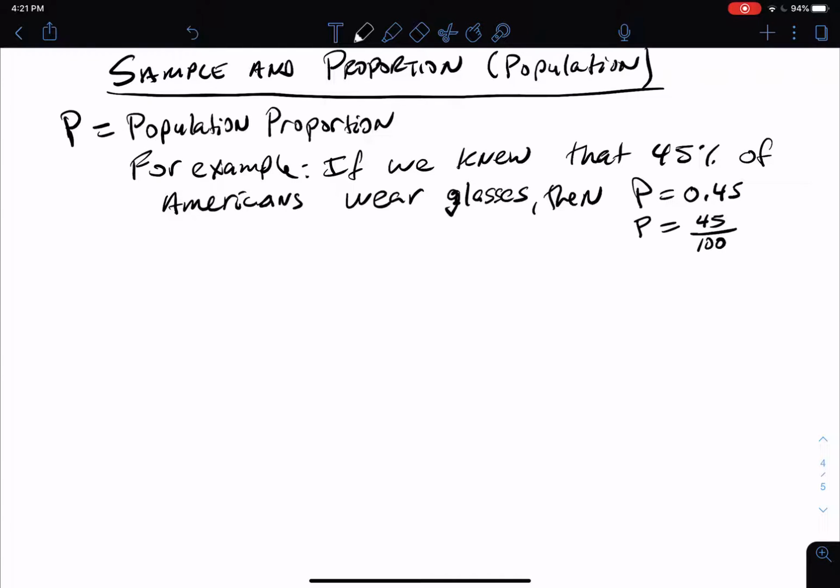Either way, it's a proportion that comes from the population. It's not a sample. Sometimes that is a hard number to get our hands on, but sometimes they just give it to us in some of these questions.